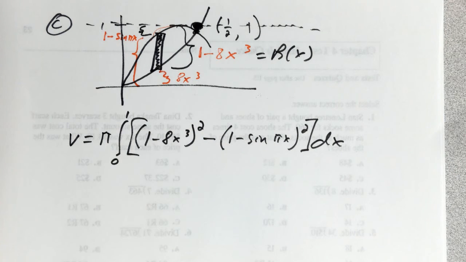And I should check the key and make sure I did it right. Yeah, I did it right. Okay, so that wraps up the problem. The point breakdown on that one was 1 point for the limits and the constant out in front, the pi, and then 2 points for getting the integrand correct.